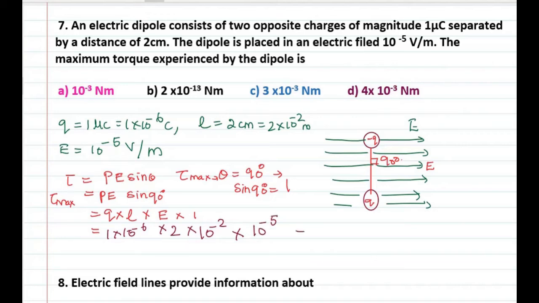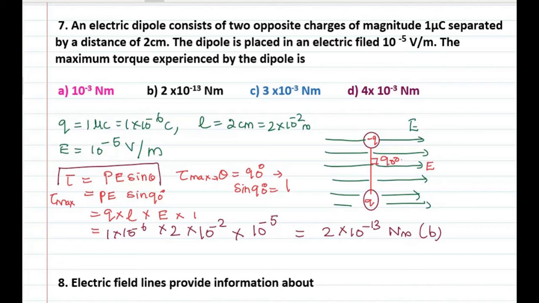So you'll get 2 into 10 to the power of minus 13 Newton meter. Minus 2, minus 5, minus 6 will give the exponent. So 2 into 10 to the power of minus 13 Newton meter. So the option is B.